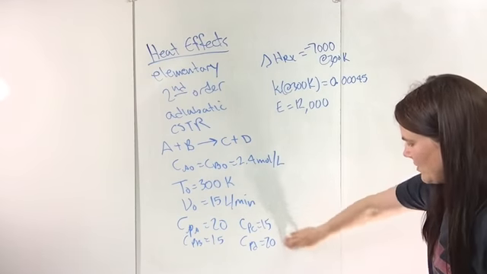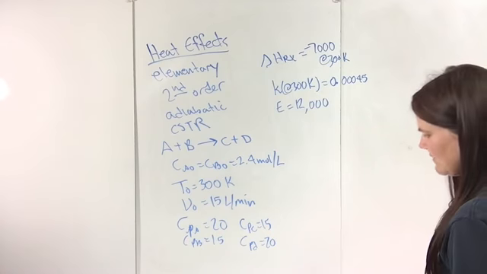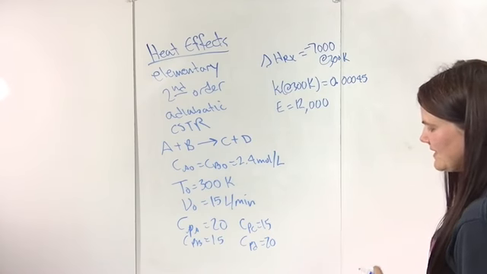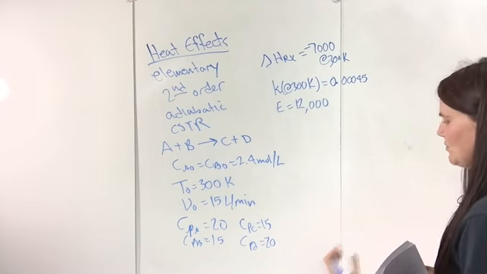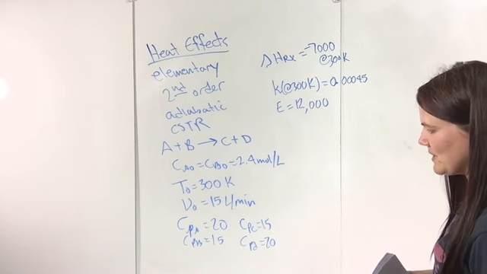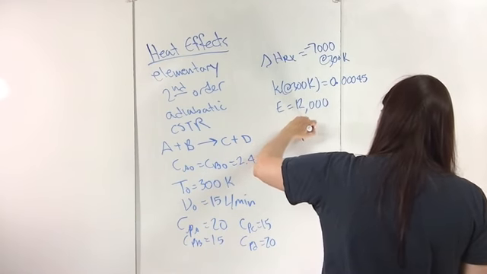So looking at this real quick, delta C sub P, which is C sub PD plus C sub PC minus C sub PB minus C sub PA, is 0, so delta C sub P is equal to 0.